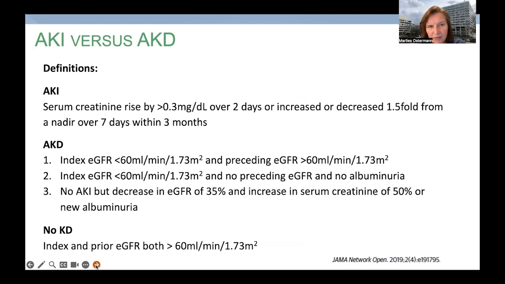Now, pragmatically, patients were differentiated between acute kidney injury, acute kidney disease, and no kidney disease using these criteria as listed here. And because the researchers only had potentially one serum creatinine result available, they used some pragmatic definitions as shown here. But they are very similar to the subsequent KDIGO recommendations and KDIGO criteria, which I showed you earlier.